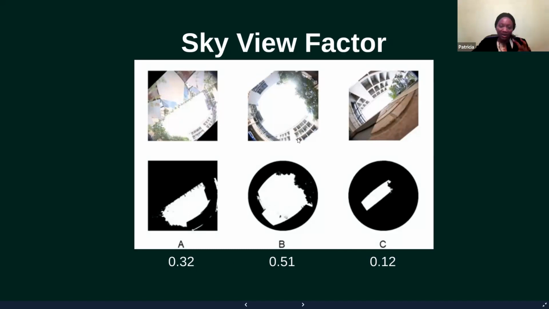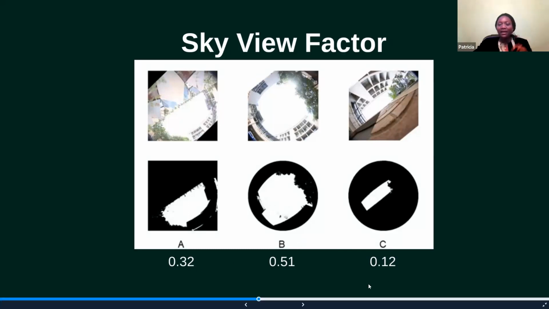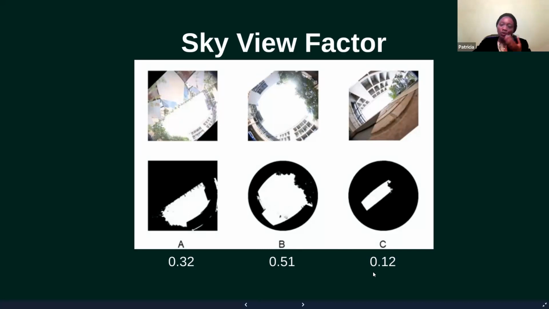From the middle of the courtyard, we have 0.5. And at the side, we have 0.12. The idea was to compare the brick wall behind the living wall and the brick wall at another point, but you have to ensure that they have the same orientation. This will help me compare my figures at the end of the day, because this is 32% exposed to the sun, this is 12%. So they will not be treated equally.